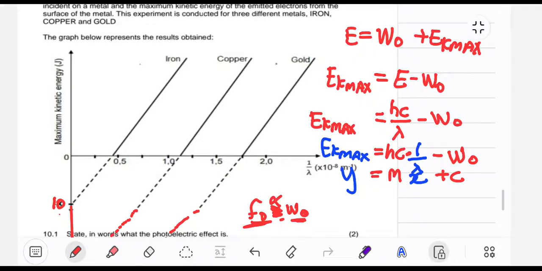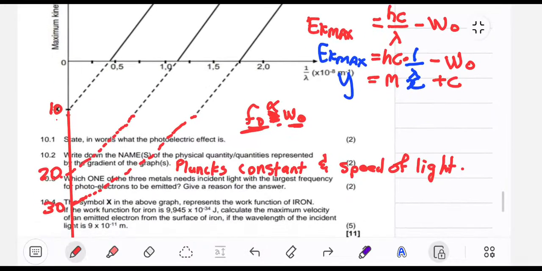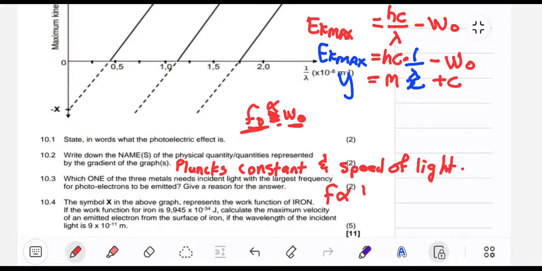You would see that the greater one is going to be gold. The frequency is directly proportional to the inverse of wavelength.